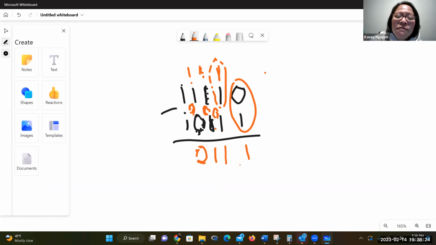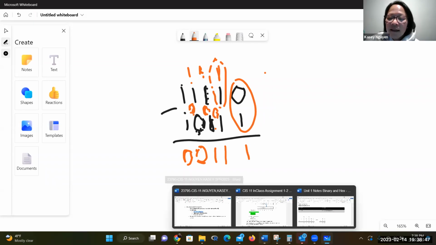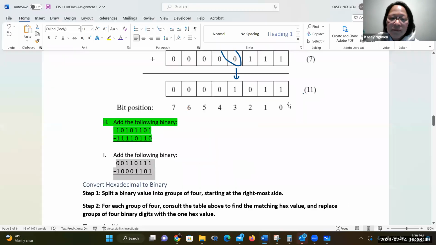Nothing borrowed left, right? 1 minus a 1 is a 0. Okay. Question. Okay, so we see the example. Make sure we know how to subtract. So practice. Let's talk about hex.